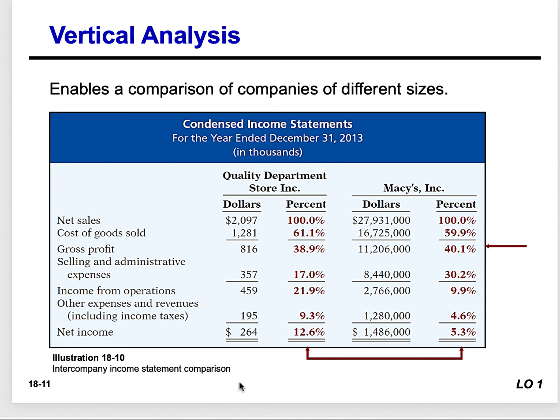So even though Macy's is much larger, does much more volume than Quality Department, we could say, based on the fact that for every dollar of net sales, 12.6 cents ends up becoming net income, compared to Macy's, for every dollar Macy's sells or has in net sales, 5.3 cents goes to net income.